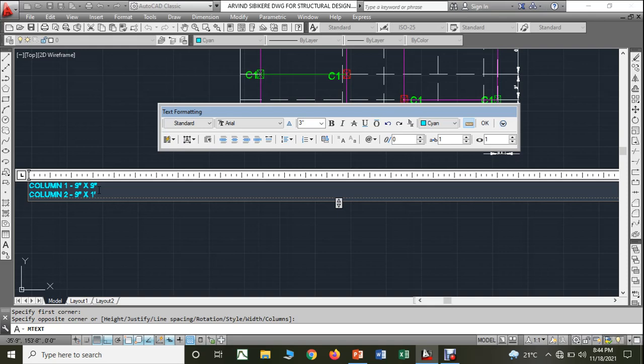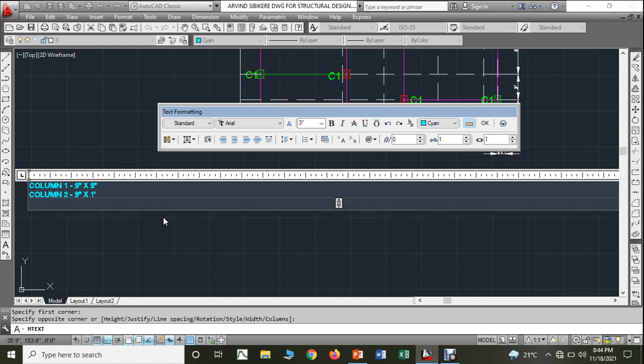This is usually what we consider for the medium columns.